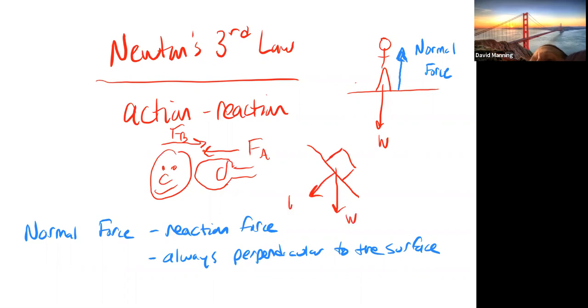We know the y component holds it. Well, the normal force is going to be perpendicular to the surface. So the normal force is not equal to the weight. The normal force in this case would be equal to the y component of the weight. Sometimes people get confused and they say, oh, the normal force is equal to the weight, but it's not necessarily true. That's only true when you have a horizontal surface.